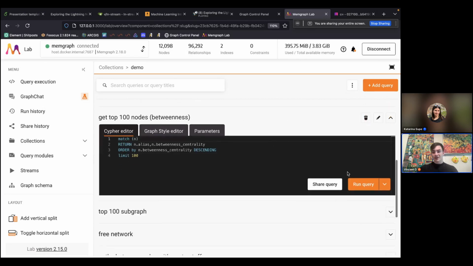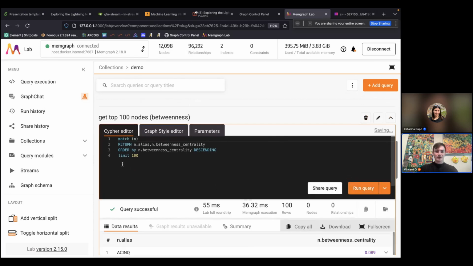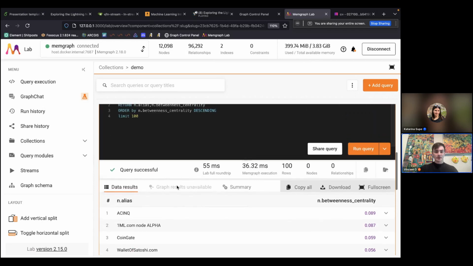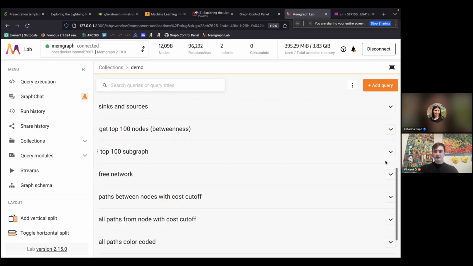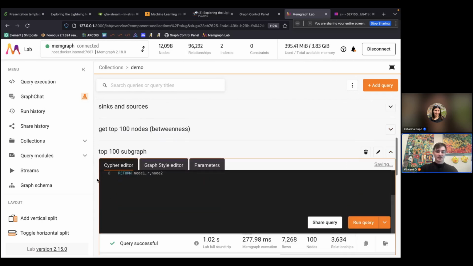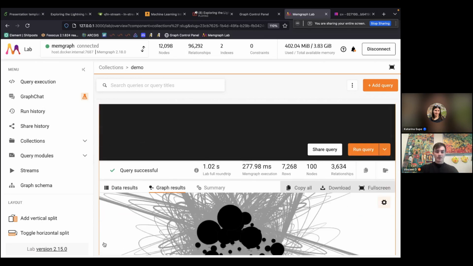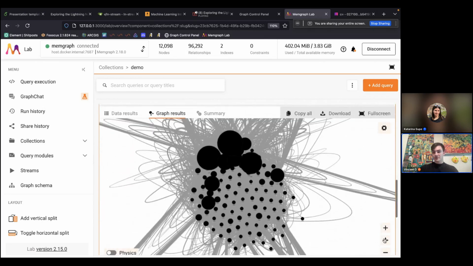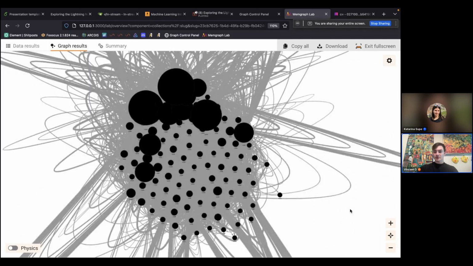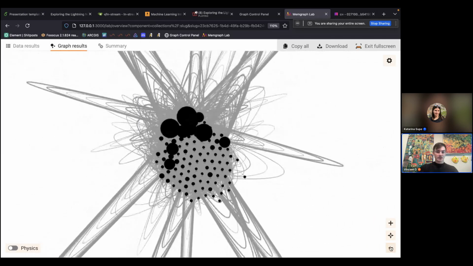Next up, looking at the subgraph of the top 100 nodes by betweenness. Actually, this one. Then you can see through this visualization which nodes are the most influential, at least by size.